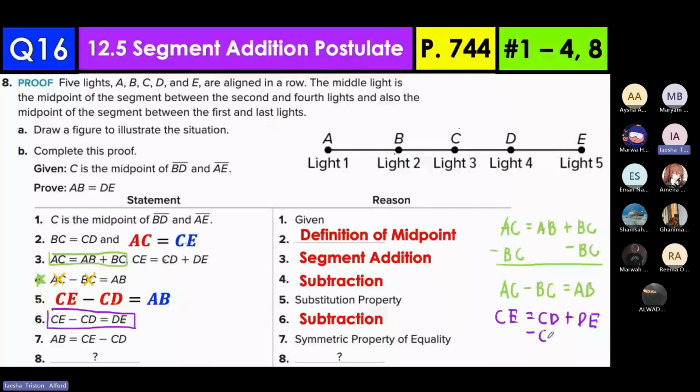Subtract CD on both sides. So you get CE subtract CD is equal to DE. Subtraction property. Symmetric. They changed the order of this one, got to number 7.